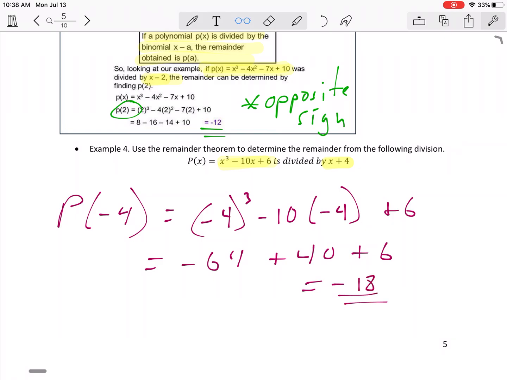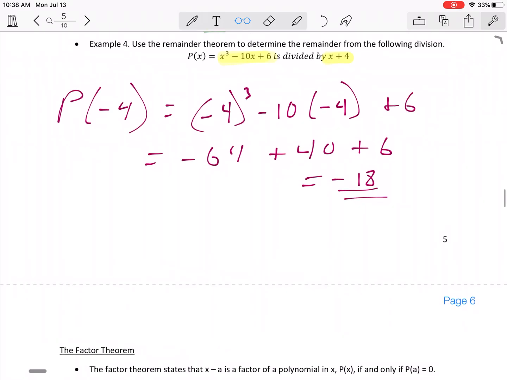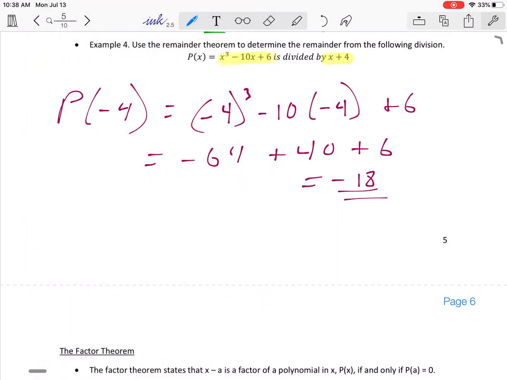Let's just do one more synthetic division just to show you that works out the same here. Okay, so if we're doing synthetic division, here's your polynomial. So we got x cubed minus 10x plus 6. The reason why I want to go through this one is notice if you look at this polynomial, it's missing an x squared.